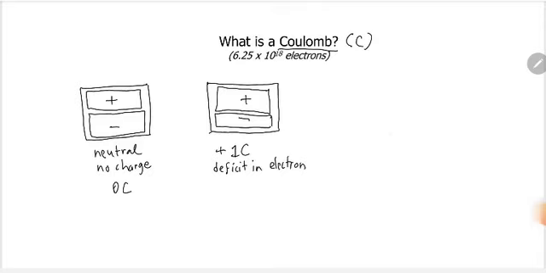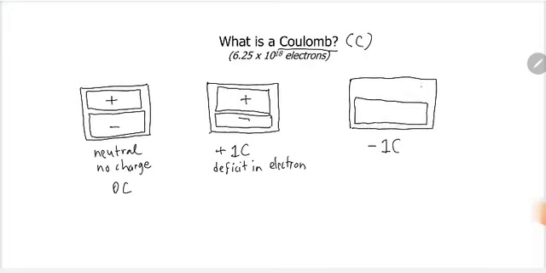So, ganito yung positive 1 coulomb. So, tingnan naman natin kung paano natin papakita yung negative 1 coulomb. So, negatively charged yung overall charge ng object. So, syempre, mas marami yung negatively charged particle sa kanya. Okay? So, dito naman meron kang excess in electrons.